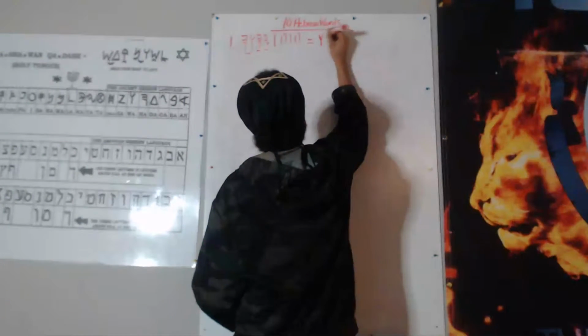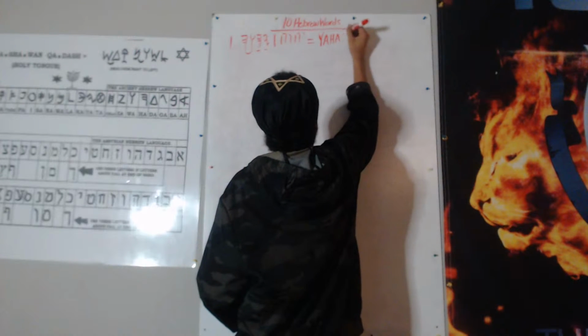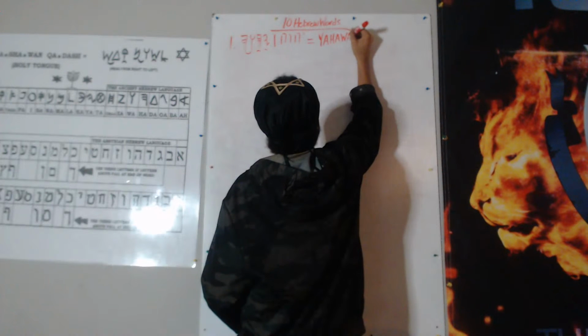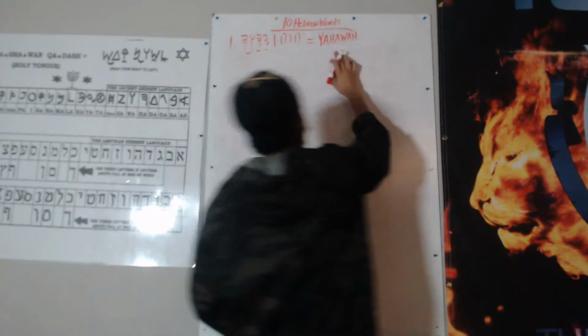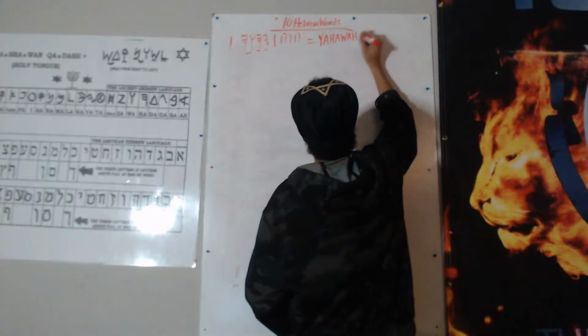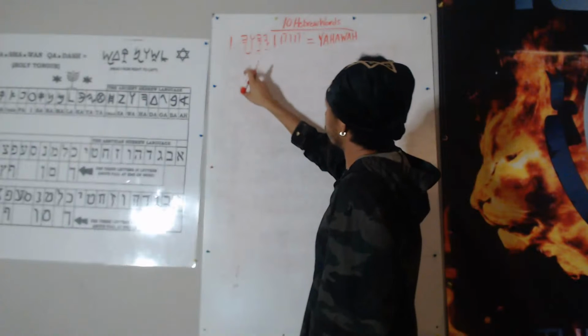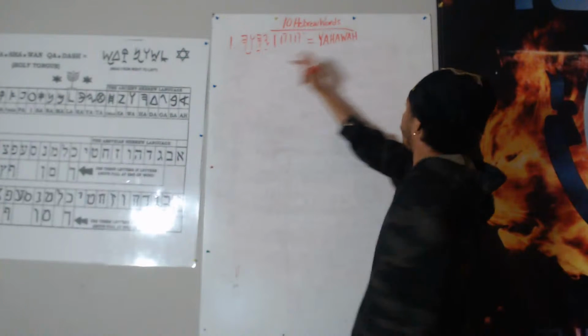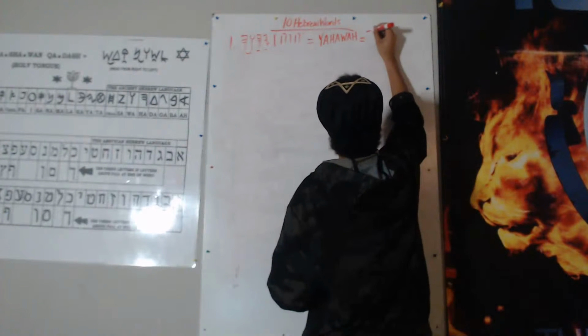This word says Yahweh. Now, of course, it's not Yahweh, it's Yahweh. All right? Since there's a connector, something drops off in this case, which is going to be the A for the Ha. All right? And Yahweh means the Lord.